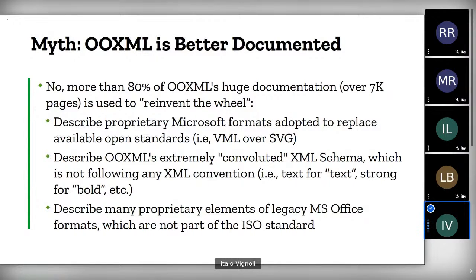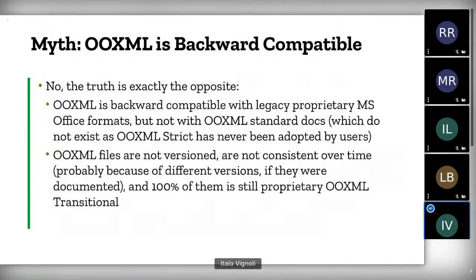So Office OpenXML is not better documented, and it's not backward compatible. The problem is exactly the opposite. Office OpenXML is backward compatible with the legacy Microsoft Office documents, so with DOC, XLS, PPT.